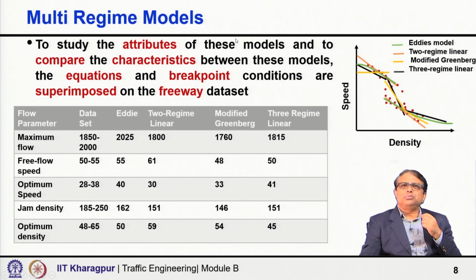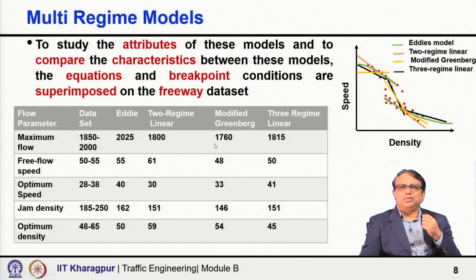To study the attributes of these models and to compare the characteristics between these models, the equations and breakpoint considerations are superimposed on the freeway data set, as I have shown here. Of course, it looks a bit clumsy because so many models are shown on the same data set in one figure, but still we can make some very interesting observations.